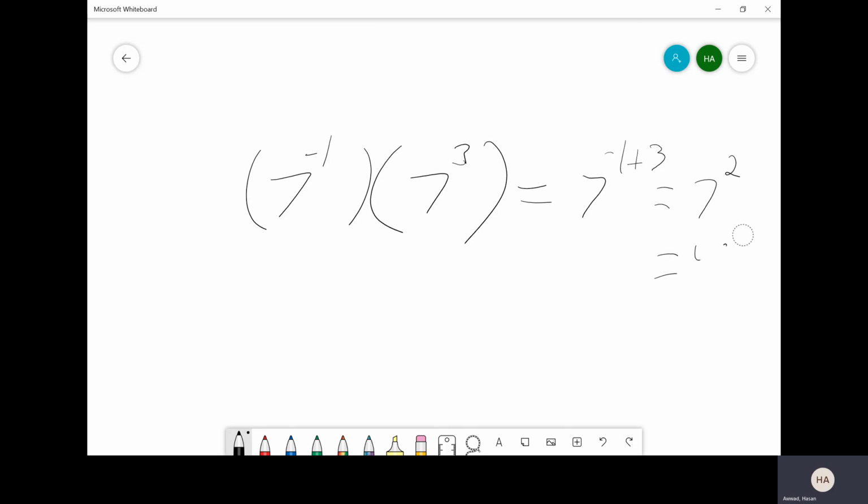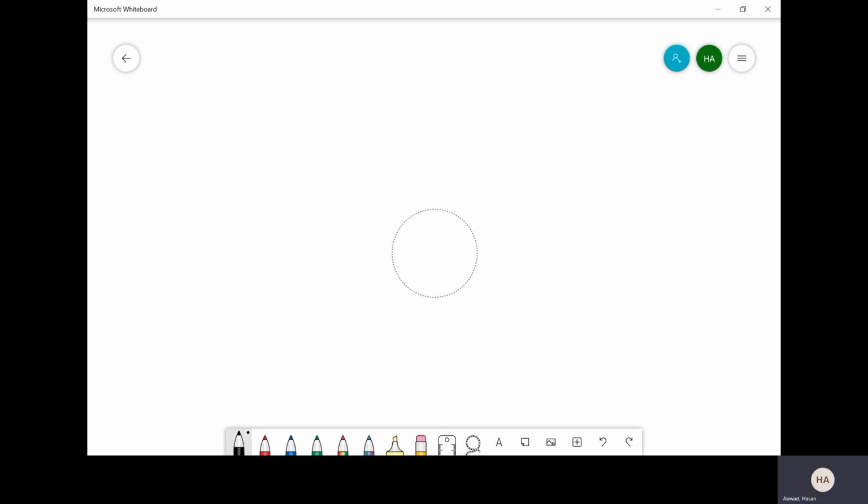Okay. Let's go ahead and do one more. Okay. So the last one that I want to do here is I want you guys to simplify this. So if you have 5 to the 10th over 5 to the 12th, what are you going to do? Again, give yourself a couple seconds, pause the video if needed, and then we'll go through it.